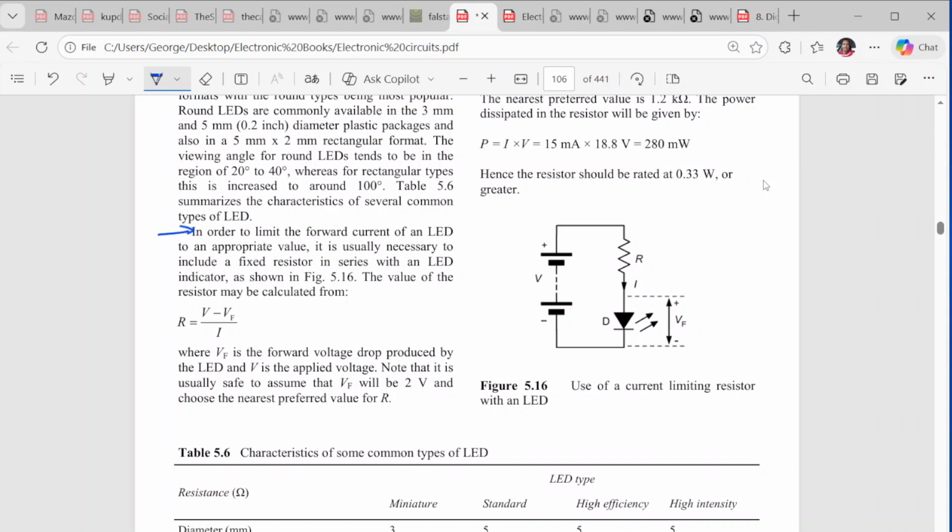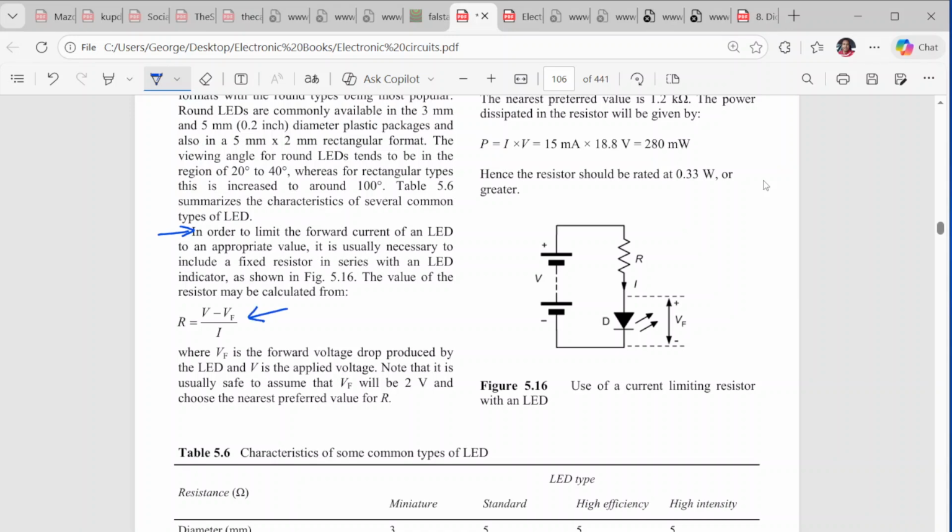In order to limit the forward current of an LED to an appropriate value, it is usually necessary to include a fixed resistor in series with an LED indicator, as shown in this figure. The value of the resistor might be calculated using this formula. This is a very important formula.